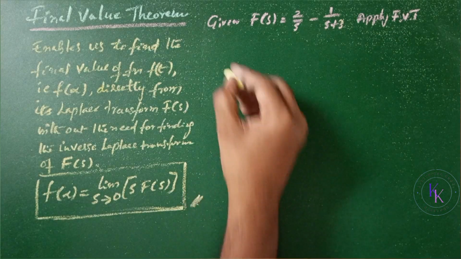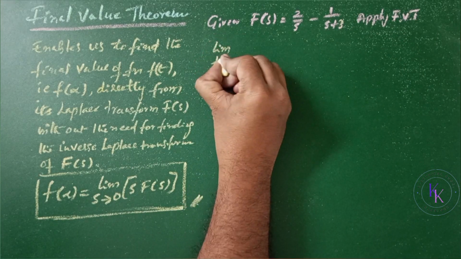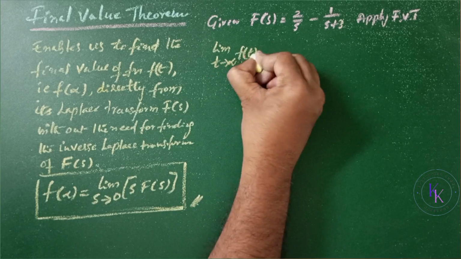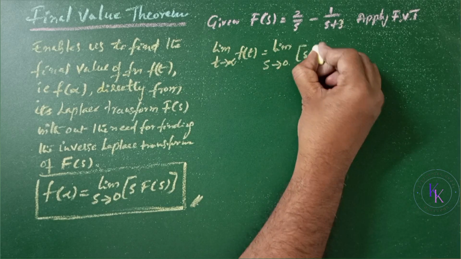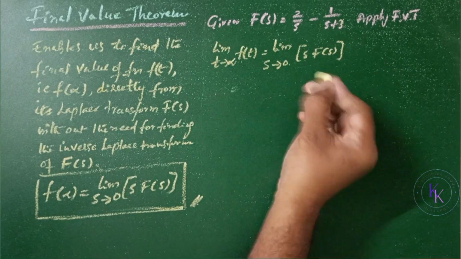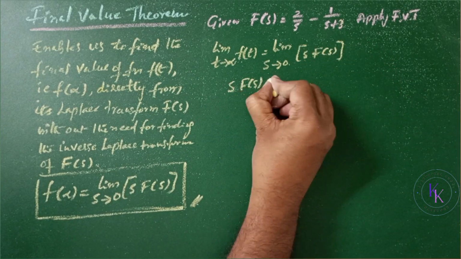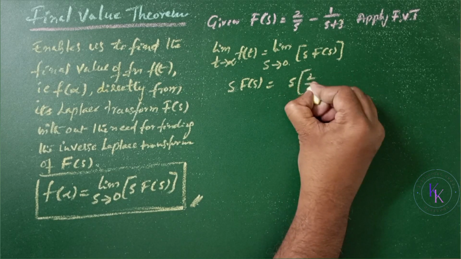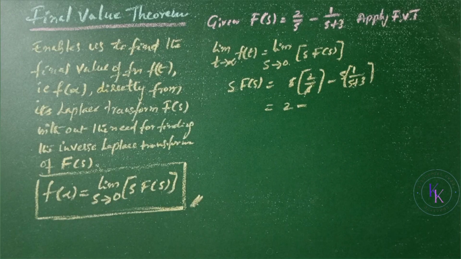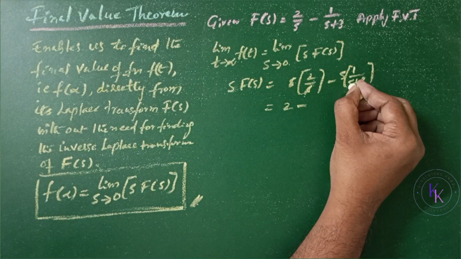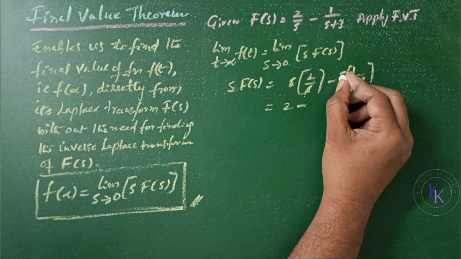As per the final value theorem, limit t tends to infinity of f of t equals limit s tends to 0 of s F of s. Let us find s of F of s: s of 2 by s minus s of 1 by s plus 3. If this were the case of the initial value theorem, we would take the common factor from the denominator to cancel the term s.